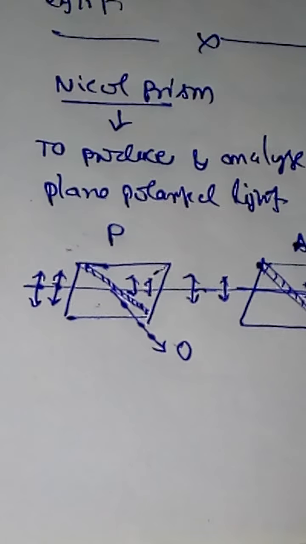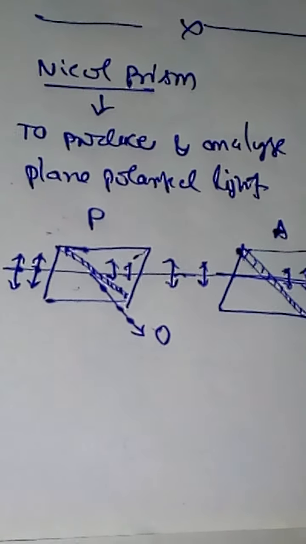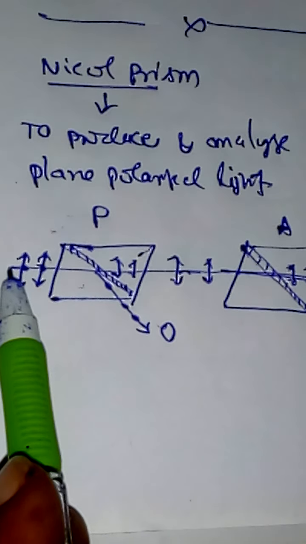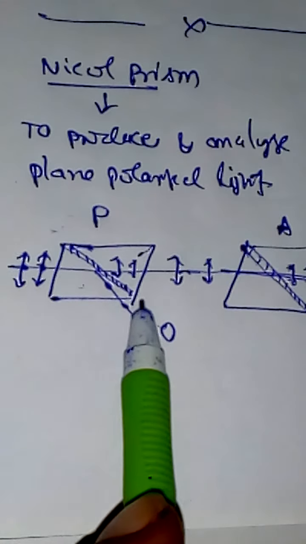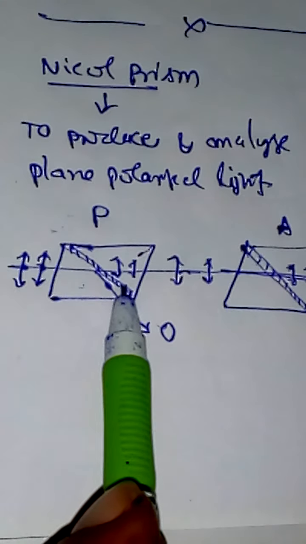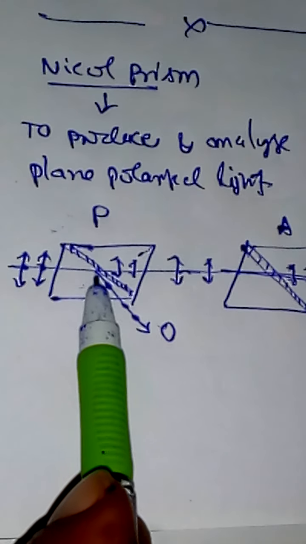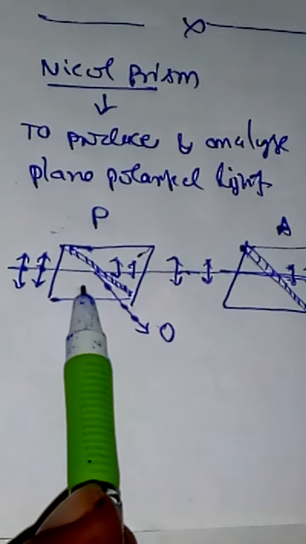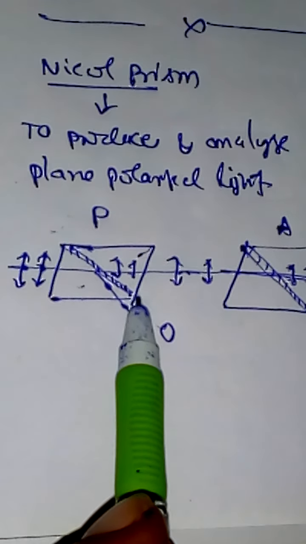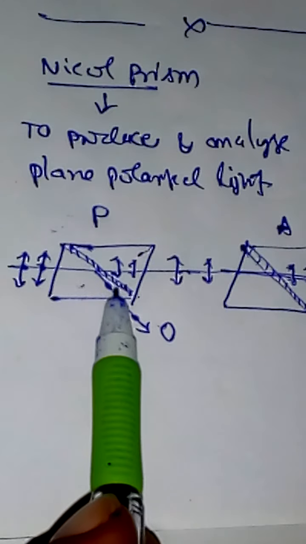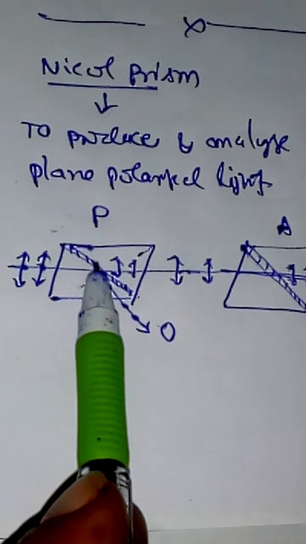Carefully observe. Here, I am repeating, ordinary light is made to fall on a polarizer. Now at this point, the ordinary ray is cut off at the junction of calcite and the Canada balsam layer. There is a medium difference, therefore it has undergone TIR, therefore it is diverted.